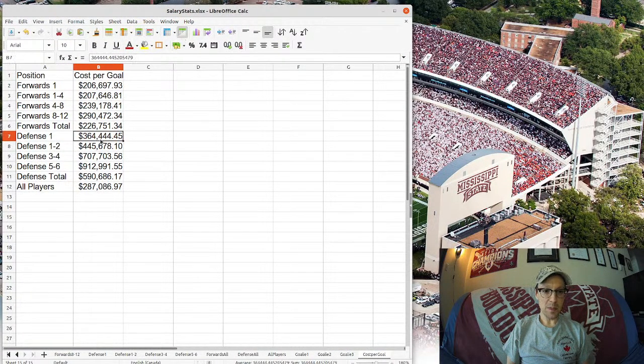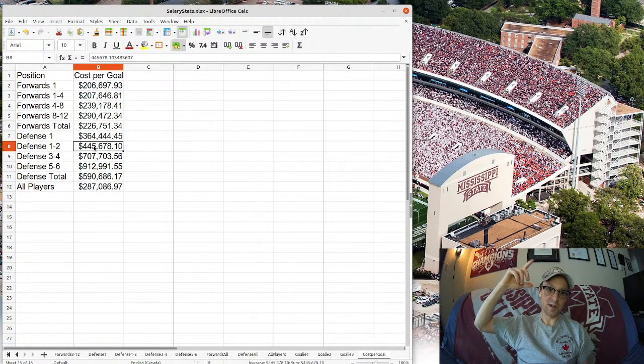So, top defensemen, that's the top 48 defensemen from that 3-year time period, which I think was 2016-17 to 2018-19. And so $364,444 were just for the top ones, and then the top 2, so it would have been that group plus the next 90 defensemen, and then likewise for the forwards for each player afterwards.